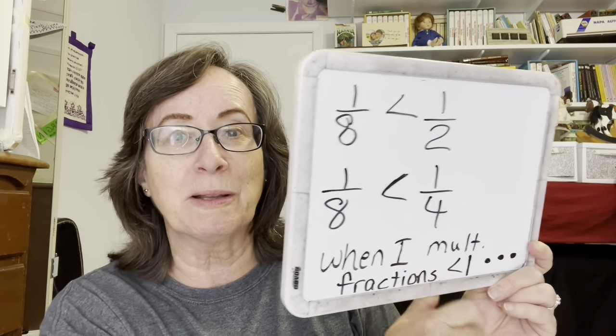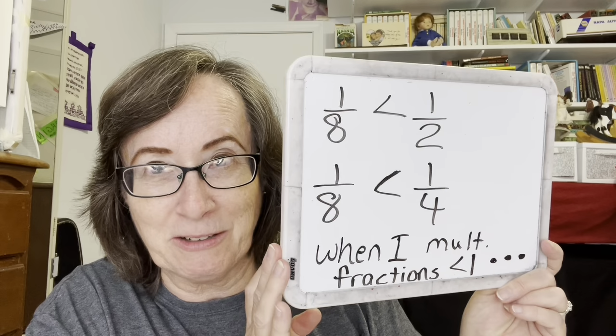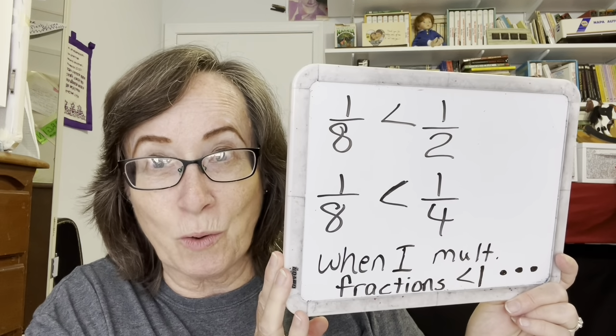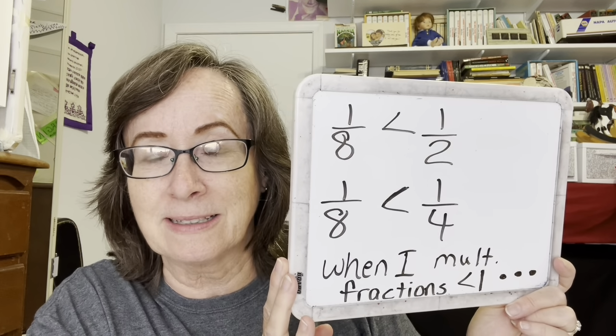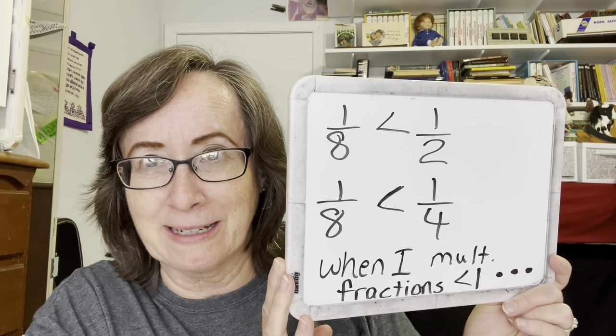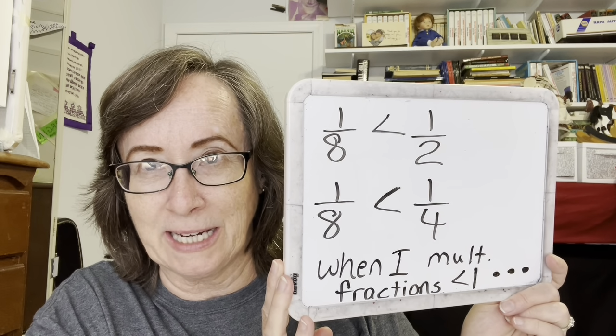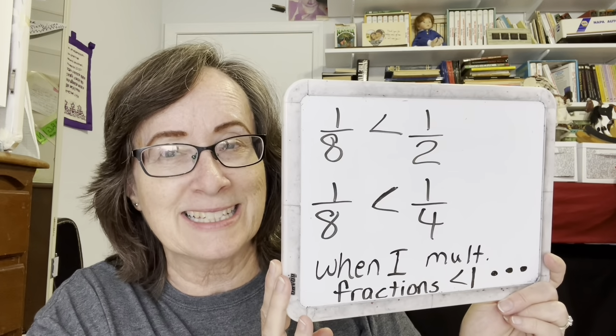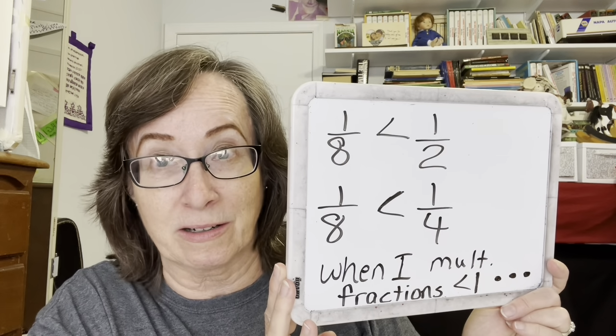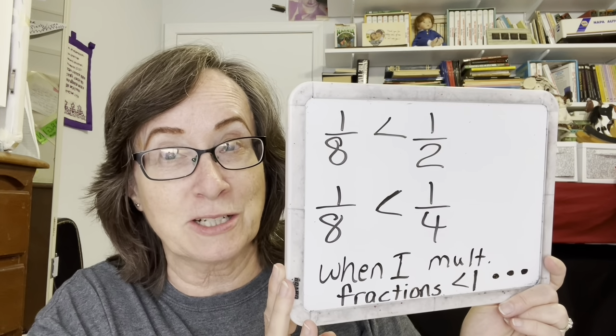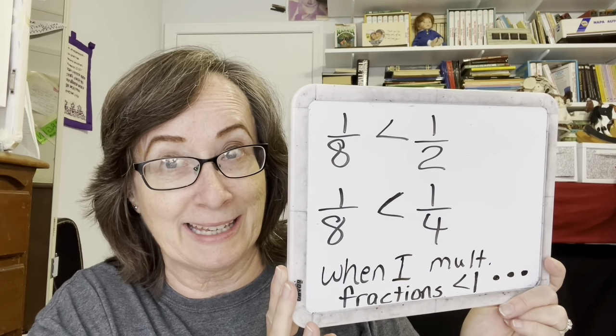When you multiply fractions less than 1, your product, which is another name for your answer of multiplication, right? Your product is actually smaller than the fractions that you multiplied together.